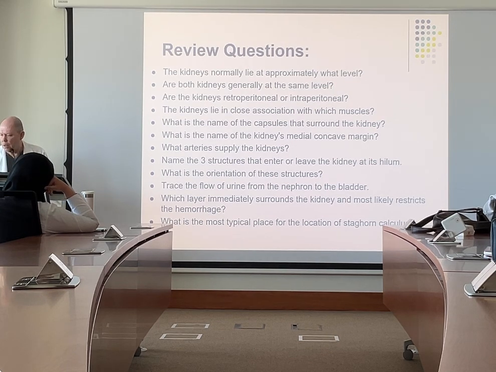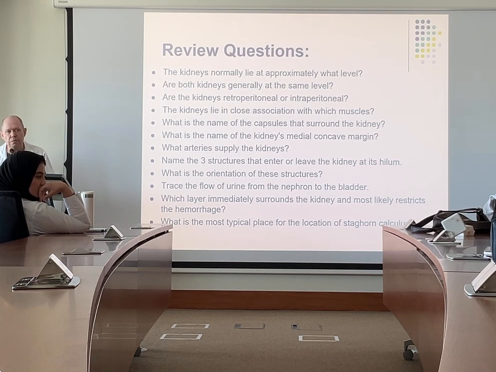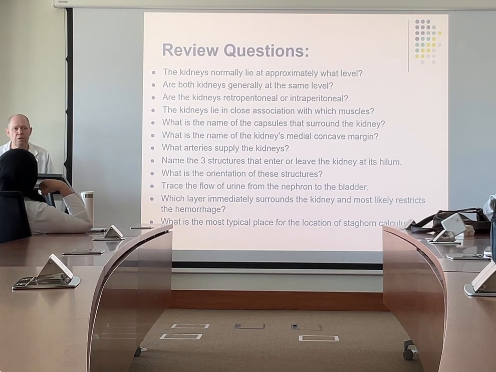Right. Okay, the kidney lies in close association with which muscles? Yeah, we already mentioned those four muscles will be the correct answer for the renal bed. Any answer from the four muscles would be accepted. If you are asked for one muscle, you could choose any one.